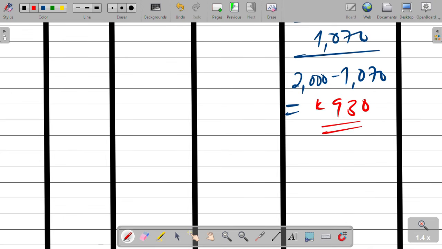Okay, so this difference is the balance we need to find the imprest amount.